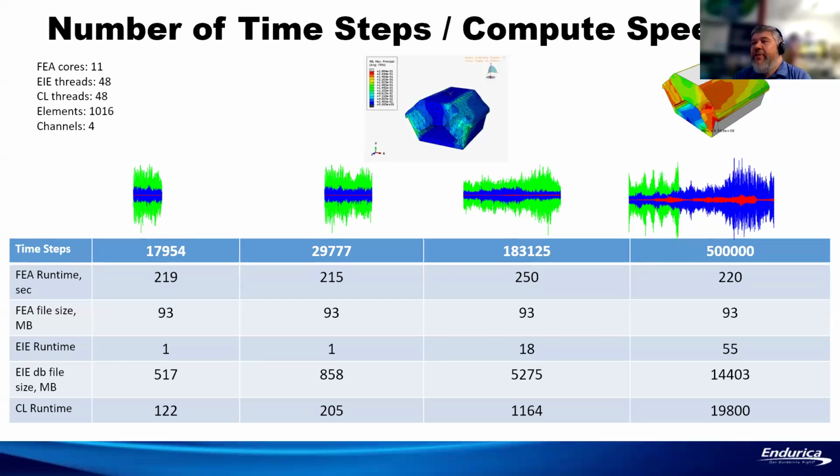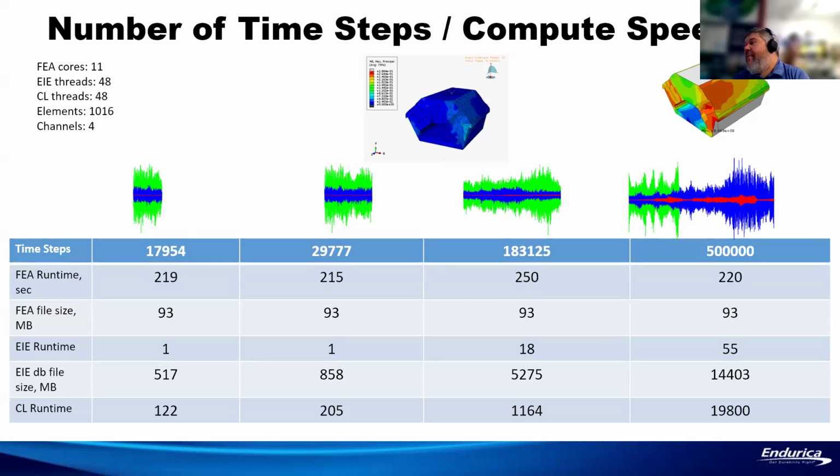And now, of course, that produces huge files. For the 20,000 time step problem, that was about half a gig. For the 500,000 time steps, that was 14 gigs of strain history. So you get the strain history for every time step for every element, and then when you do the fatigue analysis, you can see the runtime there.